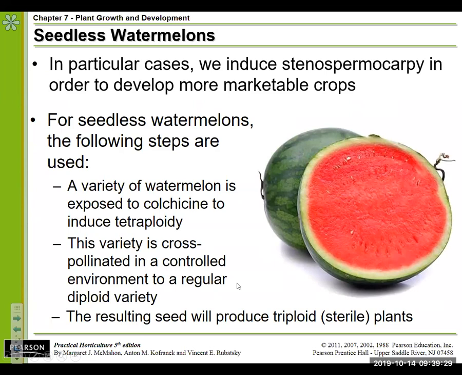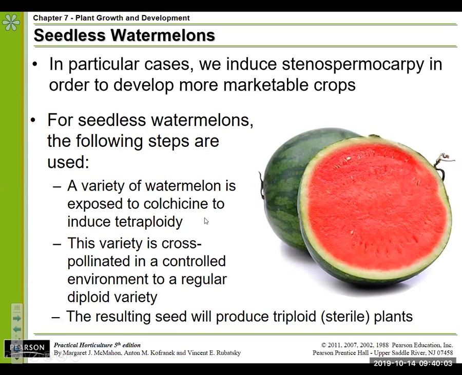But what they'll do is they'll be growing several varieties of watermelons, and they'll have one variety that is exposed to this chemical colchicine. And colchicine is actually a naturally occurring chemical in the crocus plant. So they extract this or synthesize colchicine, and then they put it on the plant, which induces this tetraploidy, which is basically making 2 extra sets of chromosomes.